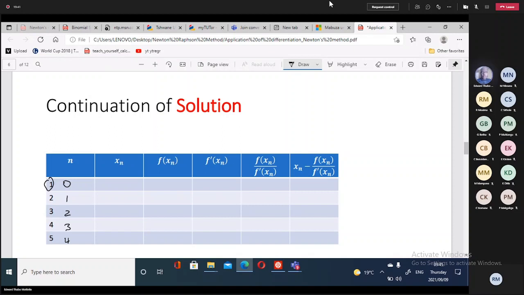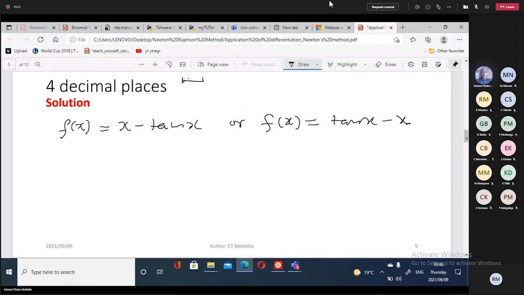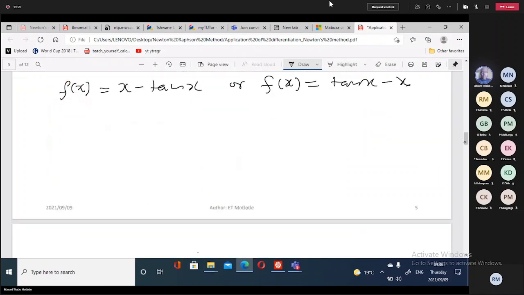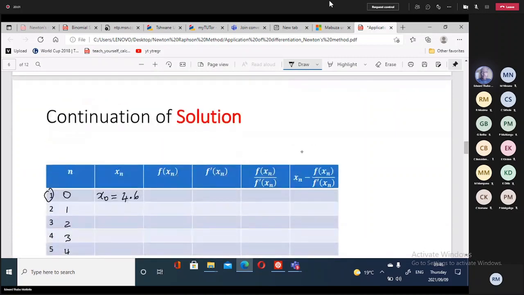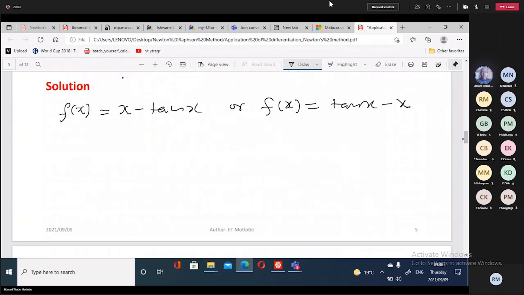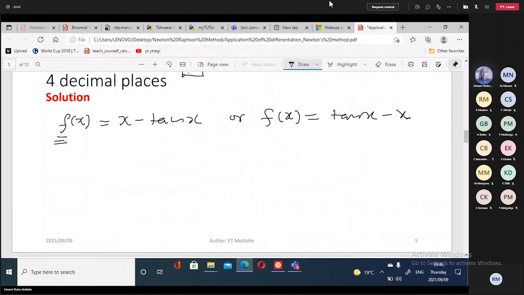I already have solutions for this one. So here is x0, a given value, 4.6. Now you substitute this 4.6 in f(x) and write your solution.